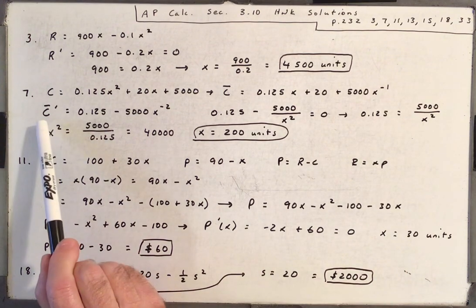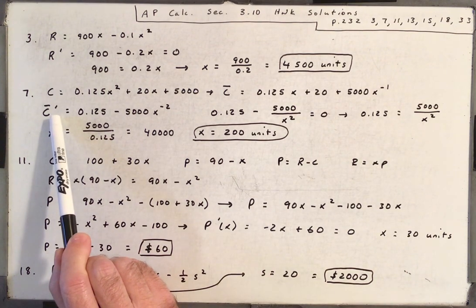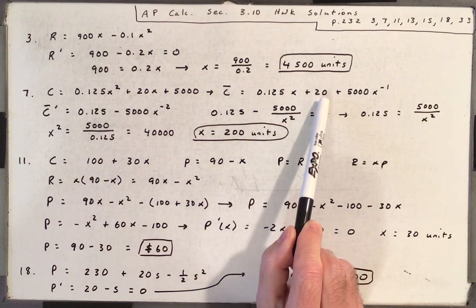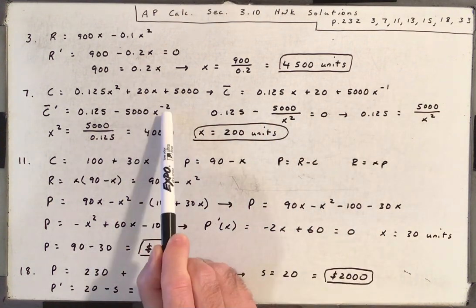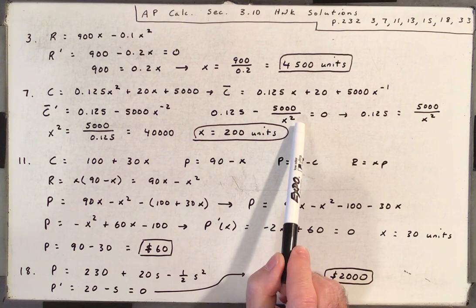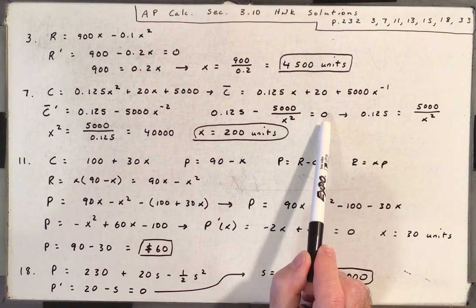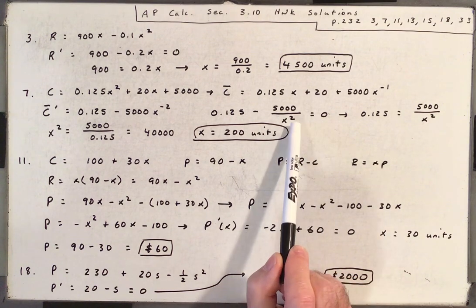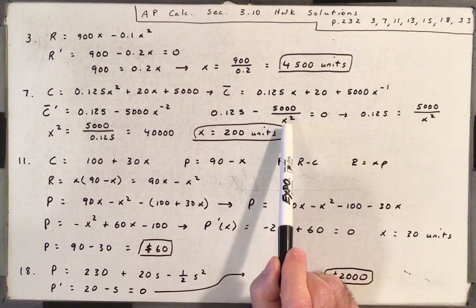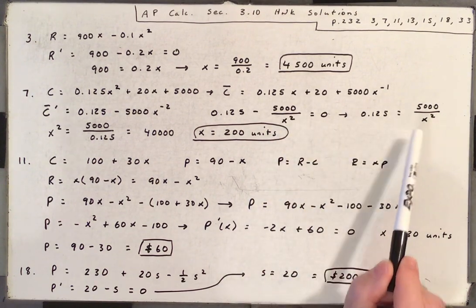Now I'm going to take the derivative of C bar, and that would be 0.125, the derivative of 20 is 0, and then minus 5,000x to the minus 2. So I'm going to rewrite that as 0.125 minus 5,000 over x squared is equal to 0. And then to solve for the x squared, I'm going to move the 5,000 over x squared over to the right.